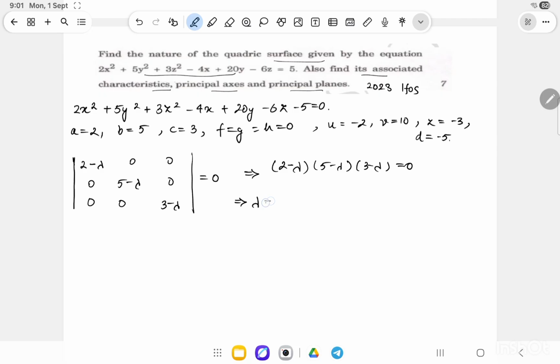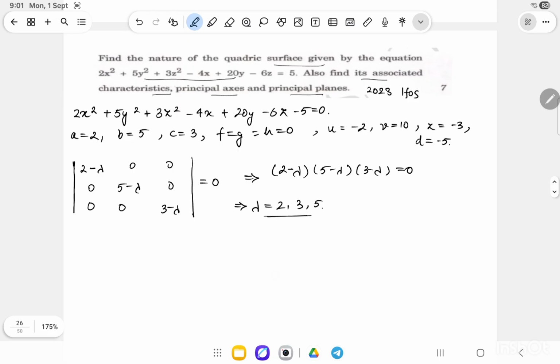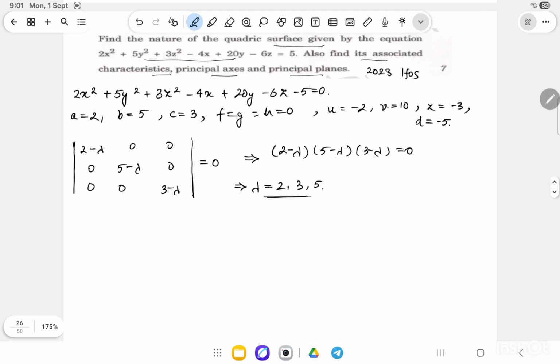So from here I got lambda as 2, 3, 5. So these are basically distinct roots. So the given quadratic surface can be either ellipsoid or hyperboloid in one sheet or hyperboloid in two sheets.